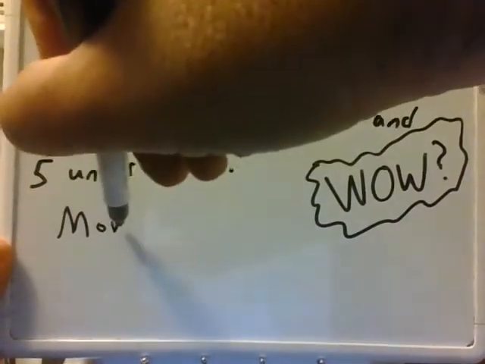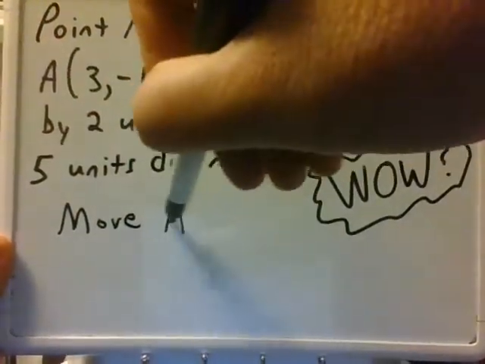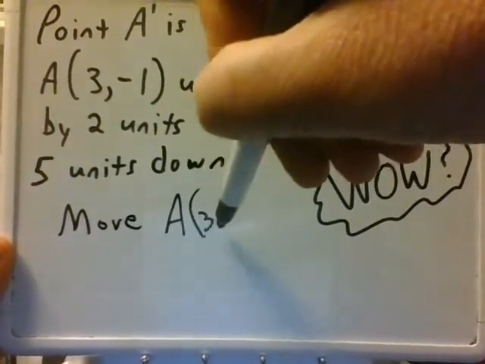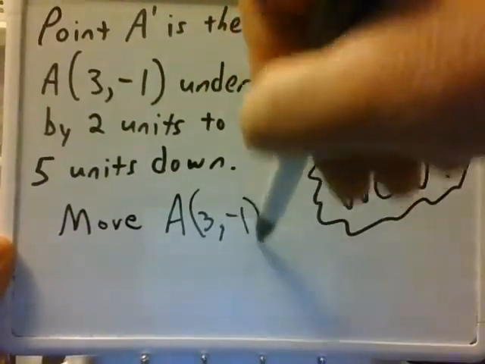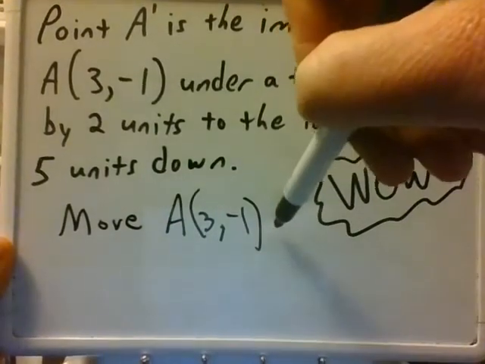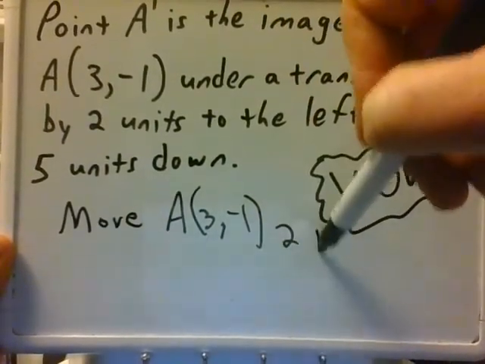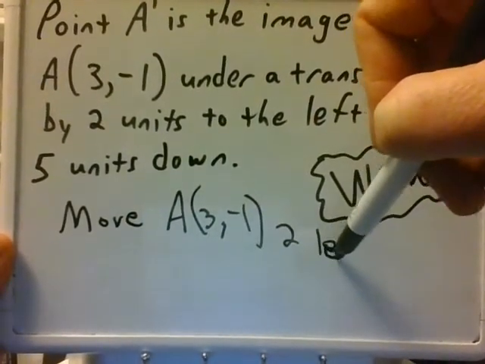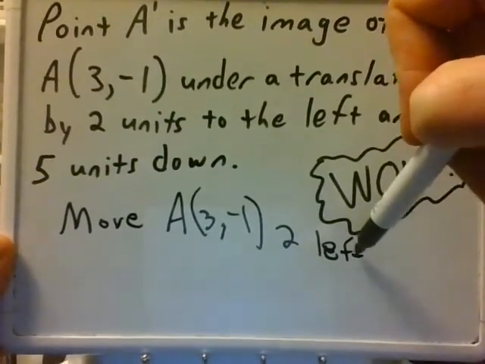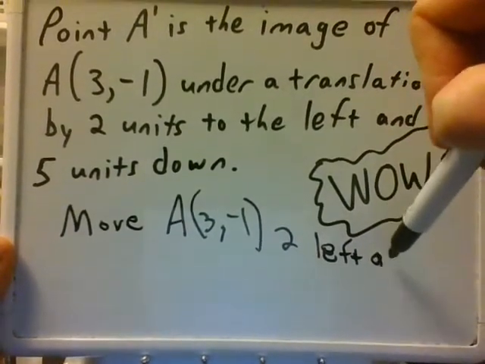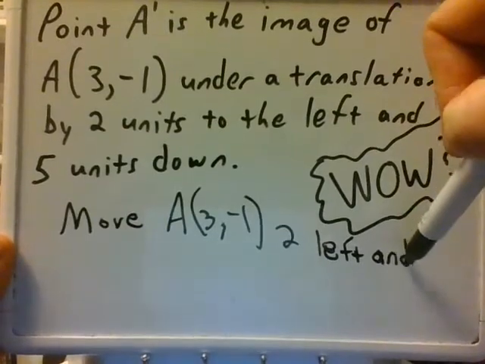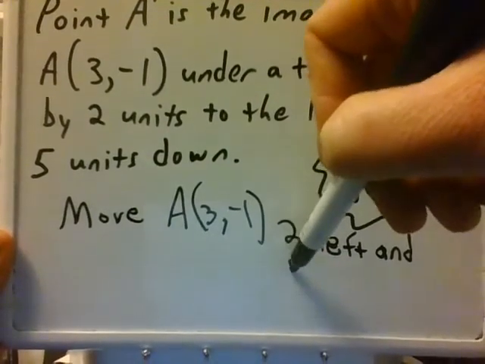Move A, which is 3, -1, 2 to the left and 5 down.